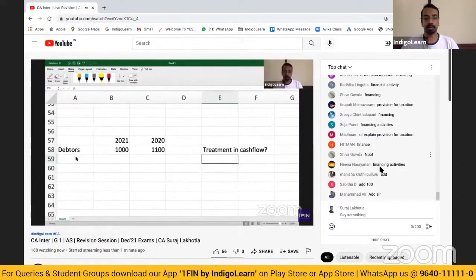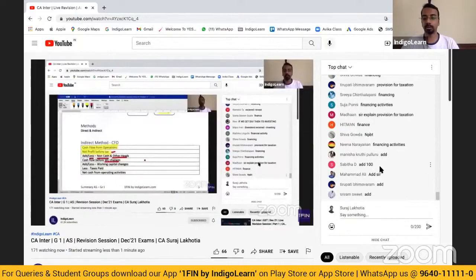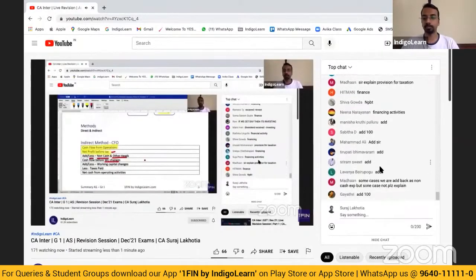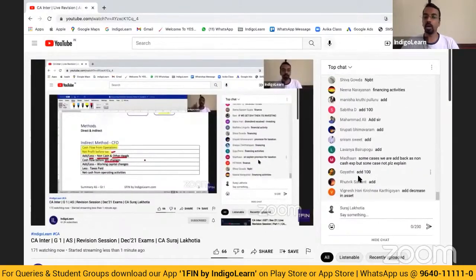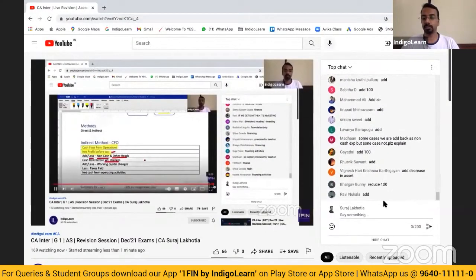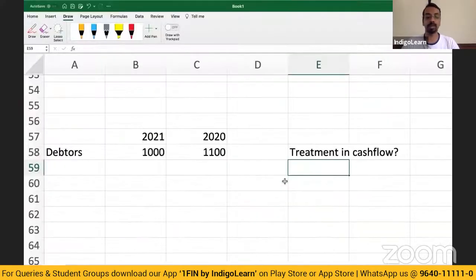Add 100, add. Okay. So good. No, non-cash is different. Reduce 100, add 100, reduce 100, add. Okay. So what do we do?